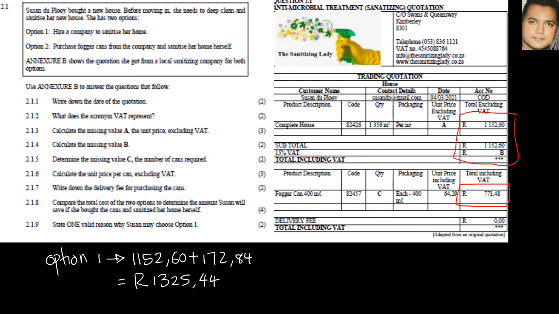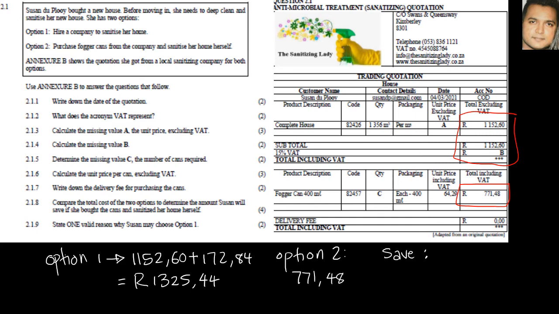Okay, then we get option 2. Option 2, we're looking at the total there. There's nothing to change because it already includes VAT. So option 2 amount will be 771,48. Okay, now all we need to do is to see how much she would save.